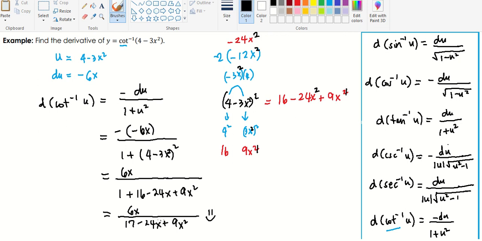Kaya ito ay magiging negative 24x squared plus 9x raised to 4. And base sa module ninyo, kailangan daw, lagi mauuna yung ating leading term. So we have 6x over 9x raised to 4 minus 24x squared plus 17. Right? So this is the final answer.